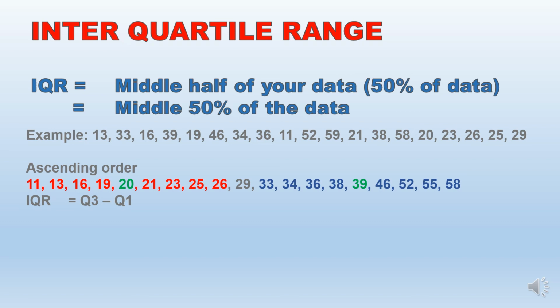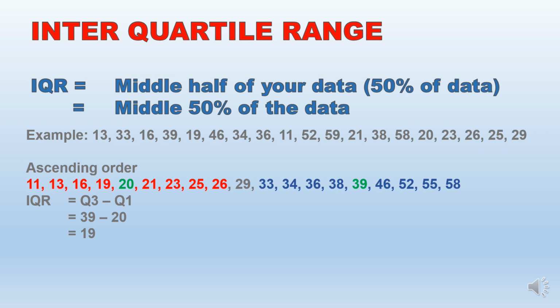In the first half, again we find the median, that is 20, marked in green; that is your Q1. In the second half, the median value is 39; that is your Q3. So the IQR is 39 minus 20, which is 19. So the range of the middle 50% of the data is 19. That is the practical interpretation.